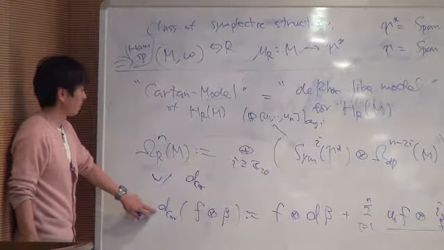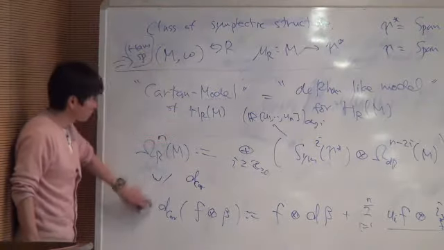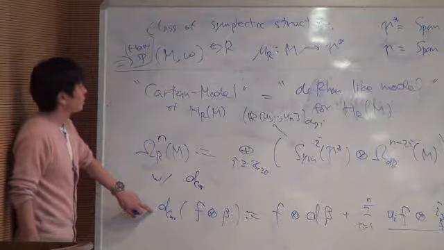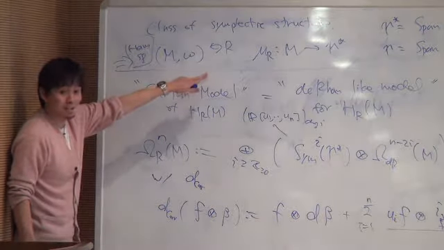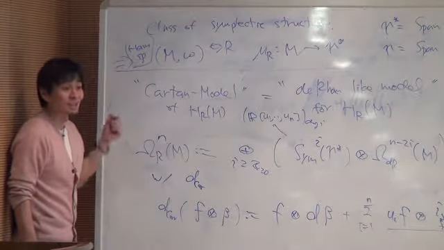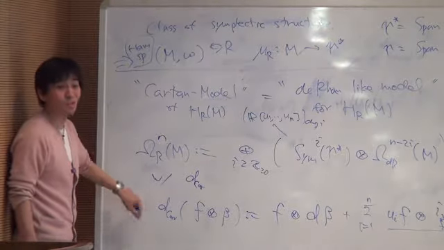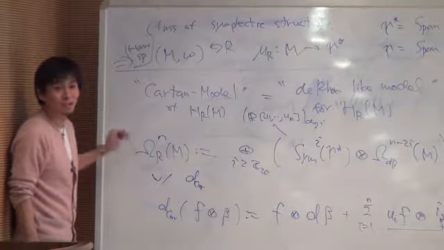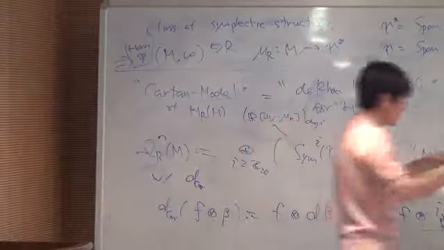Somehow omega doesn't really give you the correct thing immediately, but together with the moment map, it defines a nice closed form. So it defines the equivariant class in terms of this Cartan model.